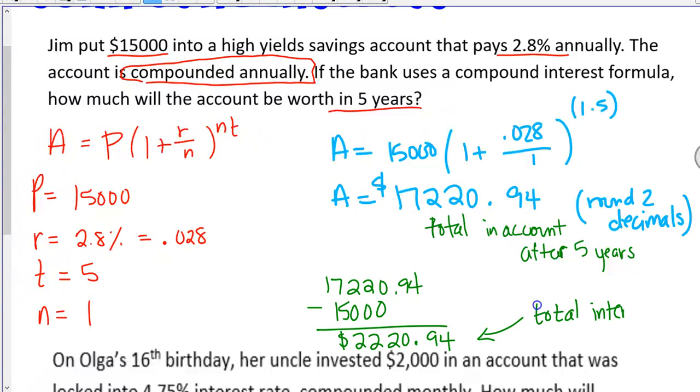So even though the question doesn't ask, I am adding that in there so you know. That's how you would figure it out. So if I just ask how much interest you earn over the course of this case, 5 years, this is how you can figure it out. You would take the amount, subtract out the principal, and that's going to give you your total interest earned in 5 years.